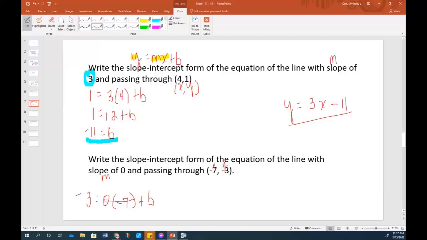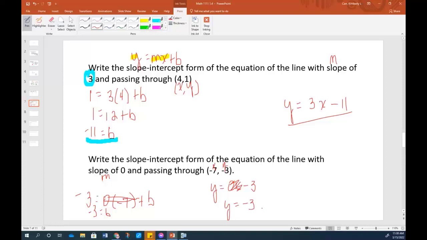But because m is 0, it's just very different. And I have b is equal to -3. So if I'm going to write y equals mx plus b, it's y equals 0x minus 3. But again, to simplify it, we just get y equals -3.